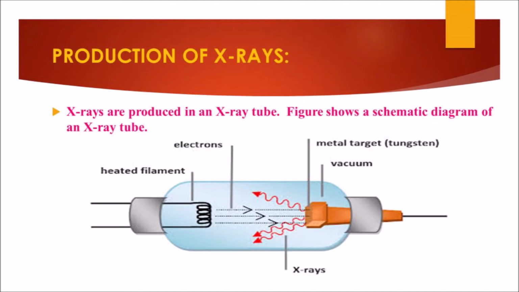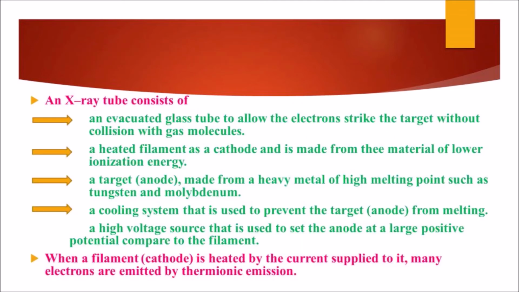X-rays are produced in an X-ray tube, and this figure shows a schematic diagram of an X-ray tube. From the figure, we can see that the X-ray tube consists of an evacuated glass tube to allow the electrons to strike the target without collision with gas molecules, and a heated filament as a cathode made from a material of lower ionization energy.